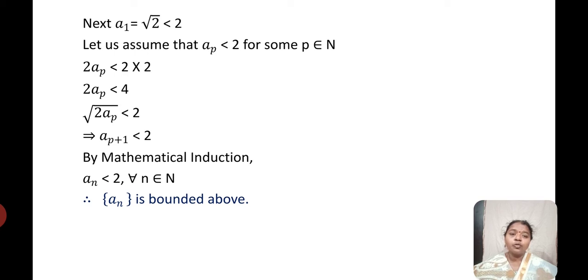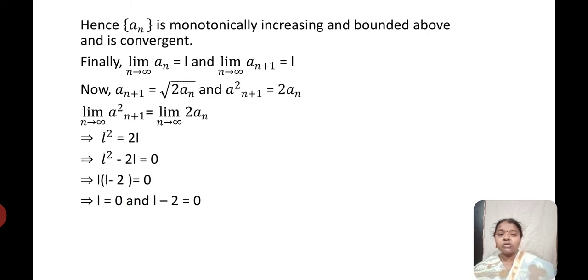So root of 2ap is less than root 4, which is equal to 2. And root of 2ap, according to the definition of the problem, would be a(p+1), which is less than 2. By mathematical induction, an is less than 2 for all n belongs to the natural numbers. Therefore, an is bounded above. Hence, an is monotonically increasing and bounded above, and therefore it is convergent.